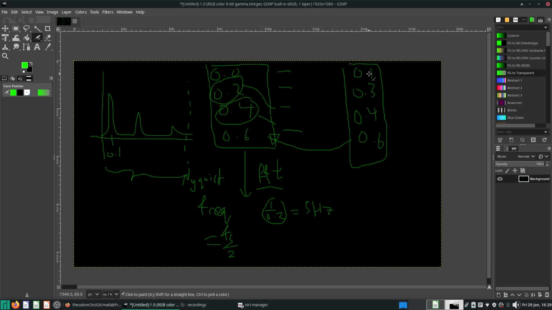Alright, I think I made a mistake just now. You're supposed to start at 0.1 and then evenly space. The idea is the same.